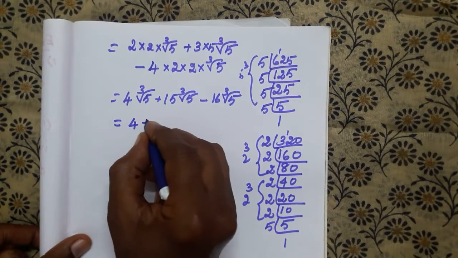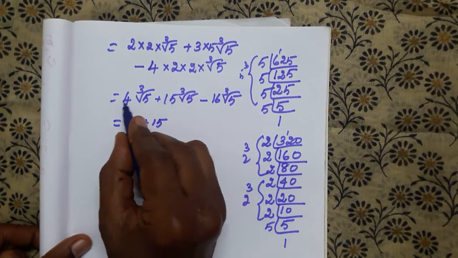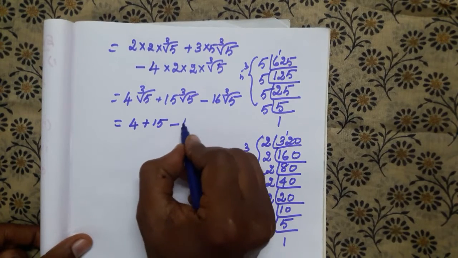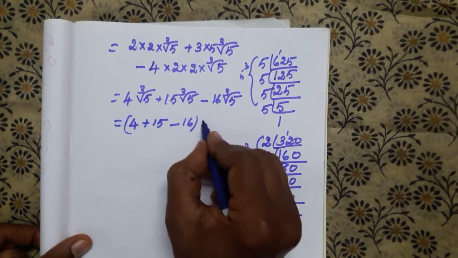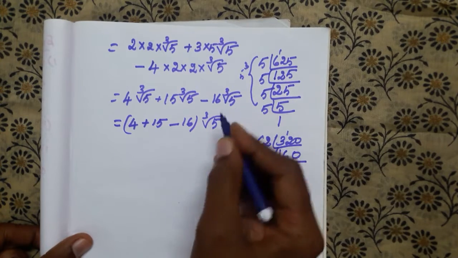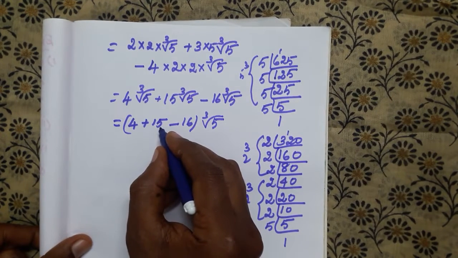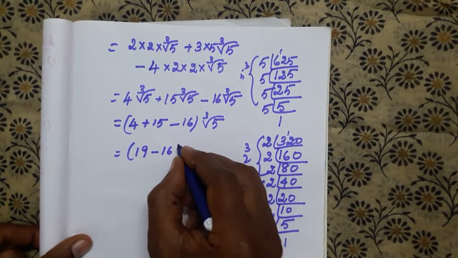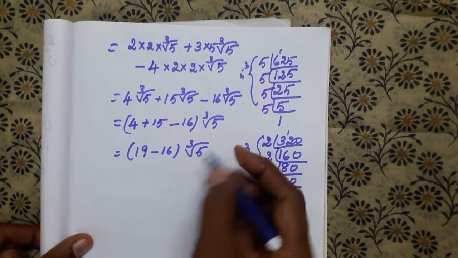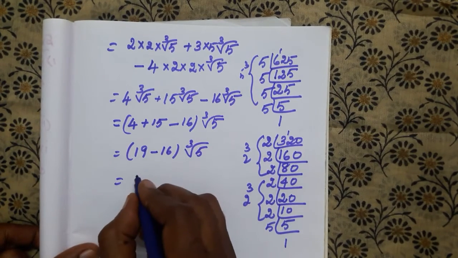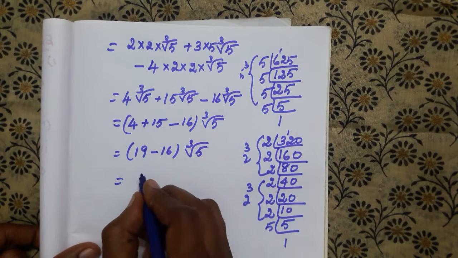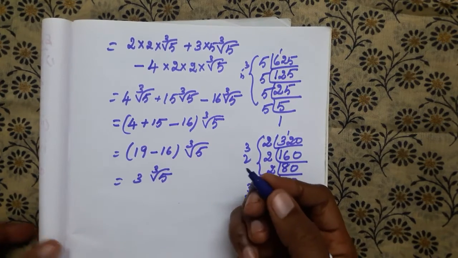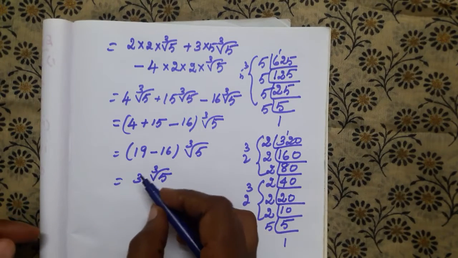We have to add the coefficients: 4 plus 15, which is 19, minus 16, into cube root of 5. 19 minus 16 is 3, so 3 cube root of 5 is the answer for that.